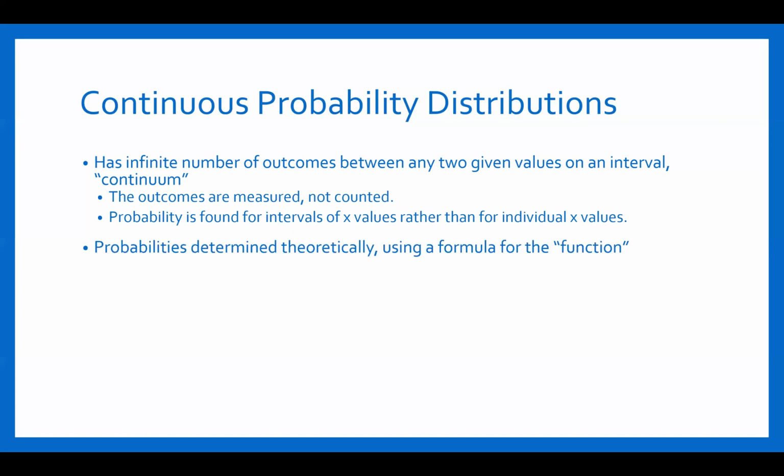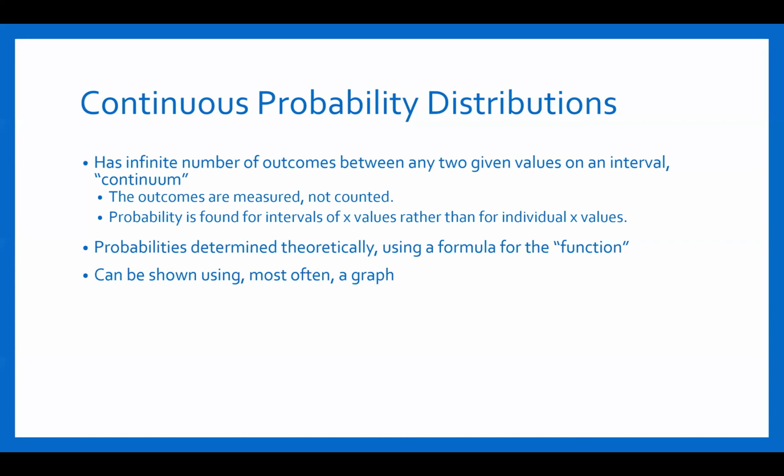With a continuous probability distribution, those probabilities are determined theoretically using a formula for the particular function or equation that models that distribution. Some of those formulas or functions can get pretty messy, so that's why we use technology to help us.